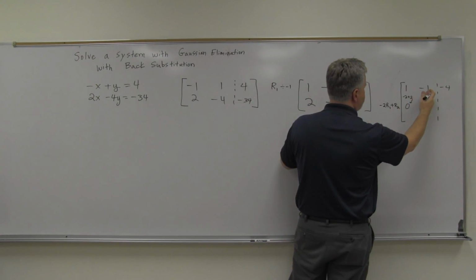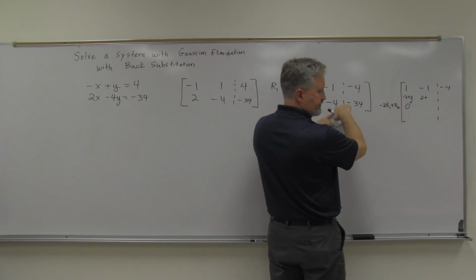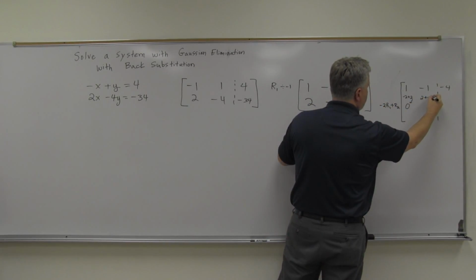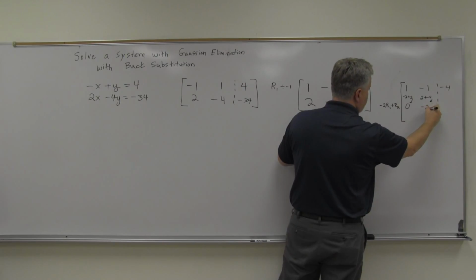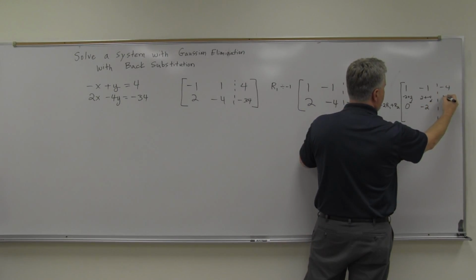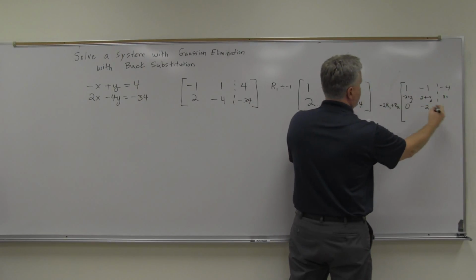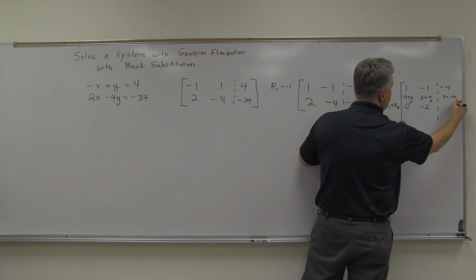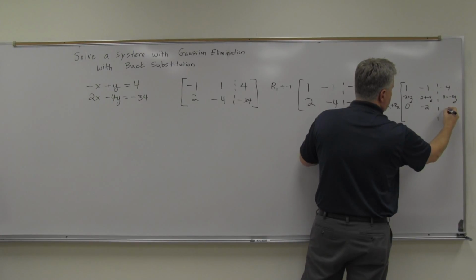So it'll be negative 2 times that, which would be positive 2, plus the row 2 entry, which is negative 4. And that's going to be negative 2. And then same thing here, negative 2 times that would be 8, plus the negative 34, and that would go in that place right there. It should be negative 26.